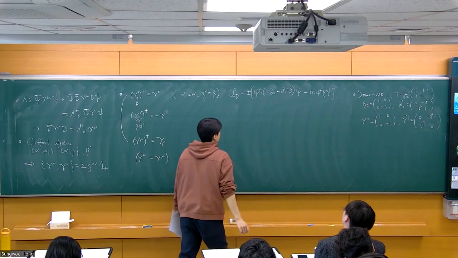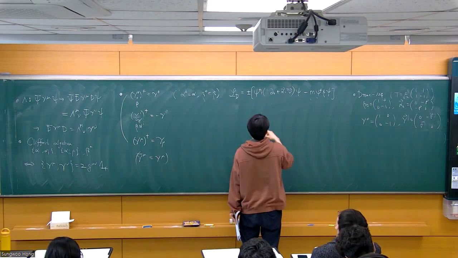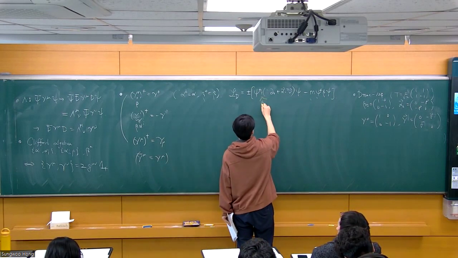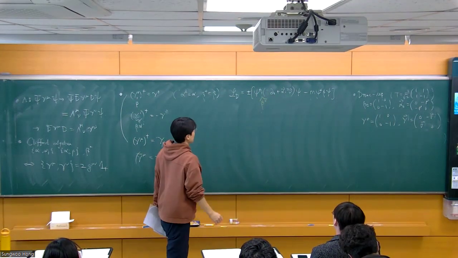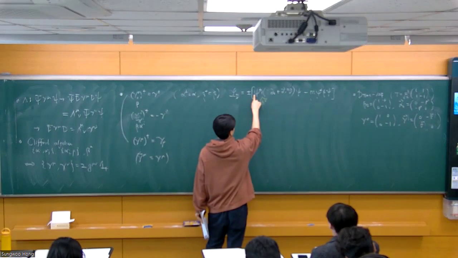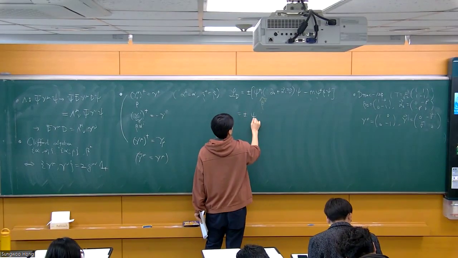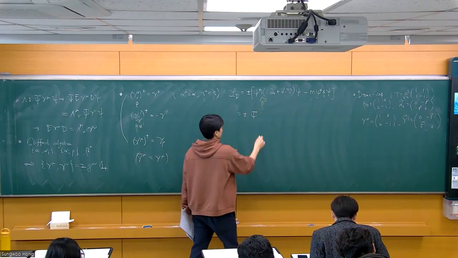Now, this can be rewritten in terms of gamma matrices. How do I do that? Well, let me insert beta squared here. That's 1, so I have not modified anything. One of the betas can be combined with psi dagger, giving psi bar.